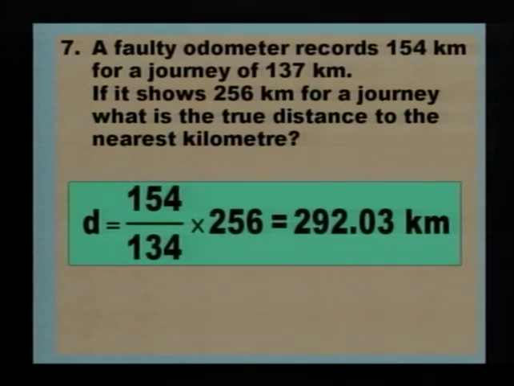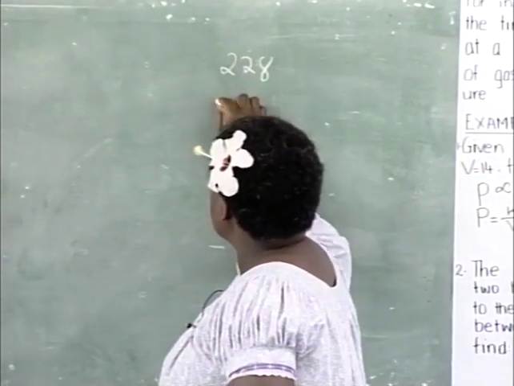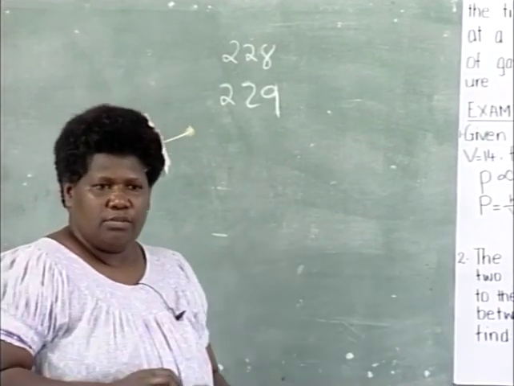Okay, this one should be 137. So it should be 154 over 137 multiplied by 256. I've heard two answers. Some people are saying 228 and others are saying 229. Why are there two answers?